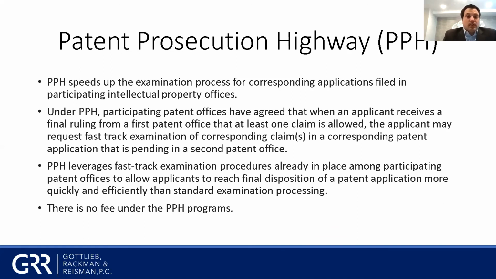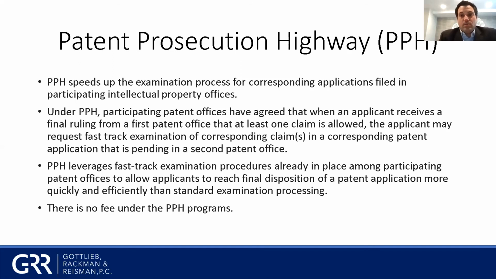So I wanted to touch upon one last thing here. This is the patent prosecution highway for utility patents, and I'm not sure who on here is familiar with that or not. Essentially, what this does is speed up examination for applications in select patent offices around the world that are working with the U.S. Patent Office.